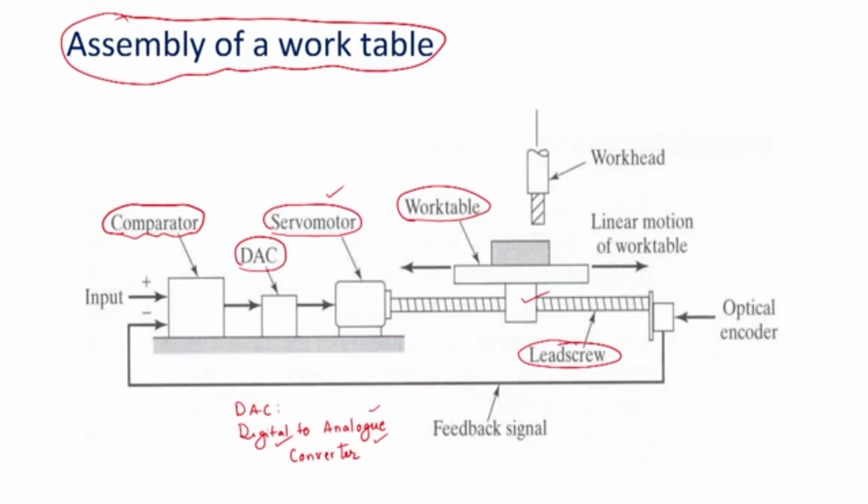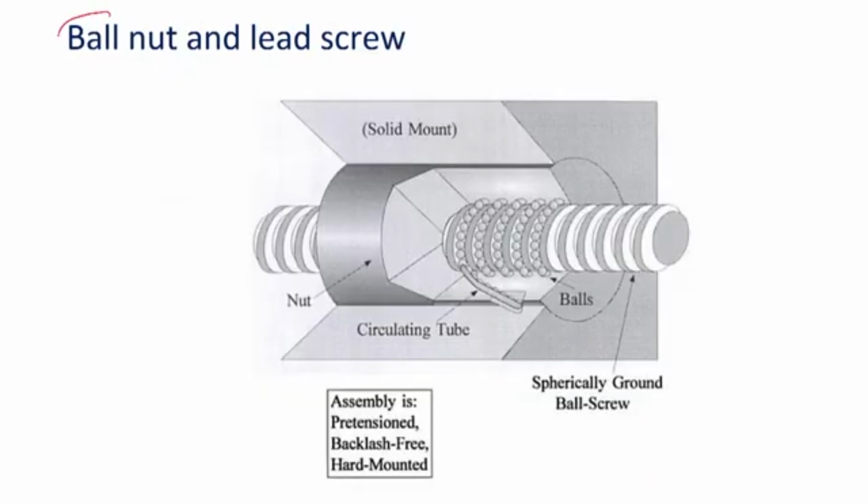Here special balls are being used, hardened ground steel balls, and the screws have helical grooves. The shape of the helical groove is in general V shaped, but in this case we are using a semicircular shape, and through this semicircular shape we are using the hardened ground balls.